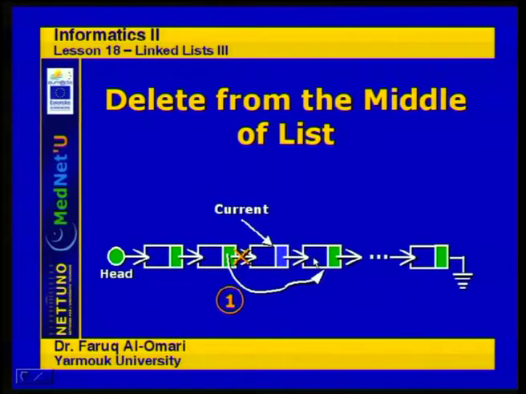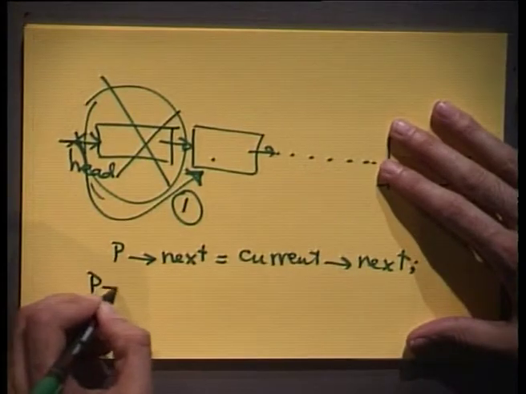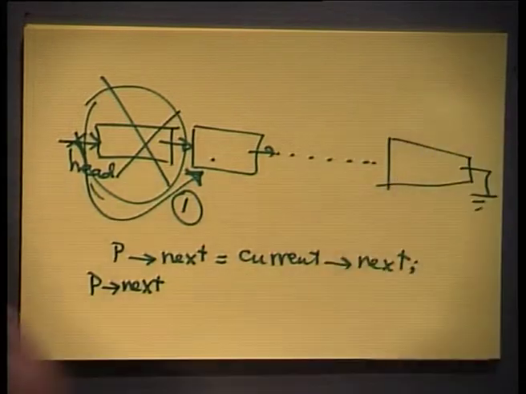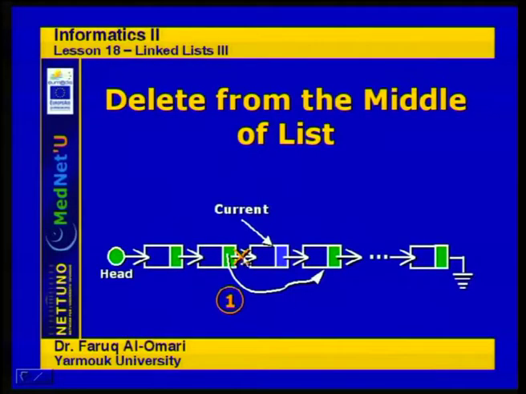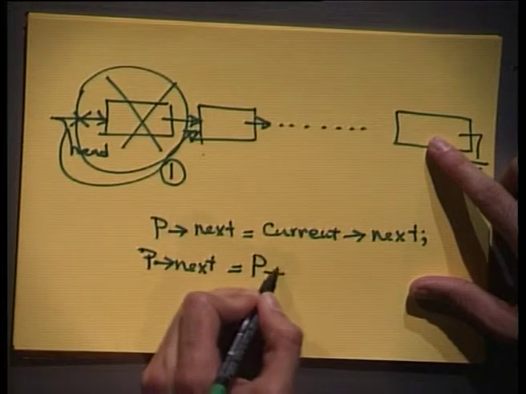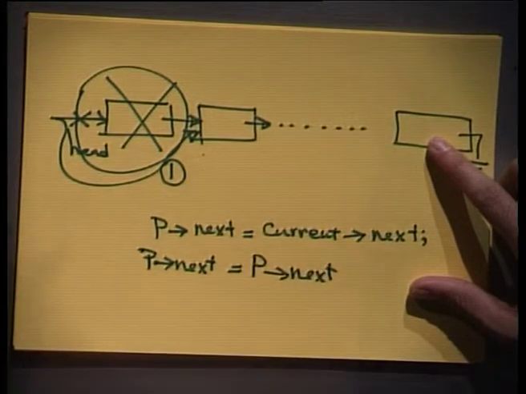Another way of doing it is simply by saying something like this: make P arrow next, so it is again this pointer. I'm assuming here that this is called P. All right? Make this point to which one? To arrow next. So it will be something like P arrow next equals P arrow next, where I'm pointing to the next one.